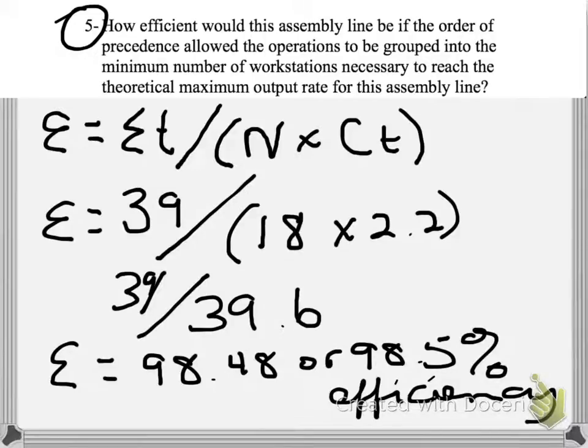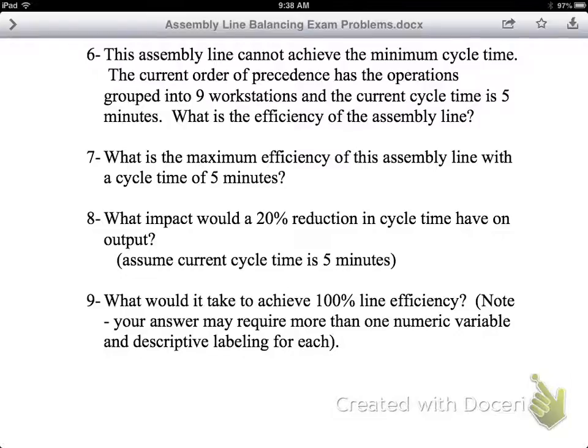Okay, let's move along to question number 6. This assembly line cannot achieve the minimum cycle time, and the current order of precedence has the operations grouped into 9 workstations, and the current cycle time is 5 minutes. What is the efficiency of this assembly line?